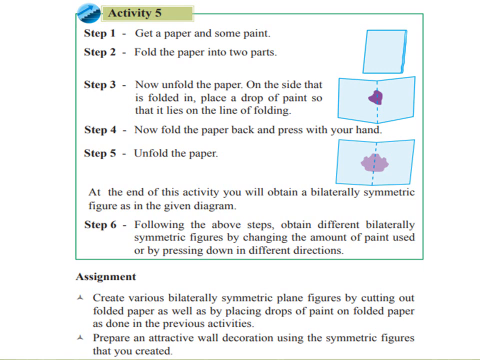Step 4. Now fold the paper back and press with your hand. Step 5. Unfold the paper. At the end of this activity, you will obtain a bilateral symmetric figure as in the given diagram. Step 6. Following the above steps, obtain different bilateral symmetric figures by changing the amount of paint used or by pressing down in different directions.